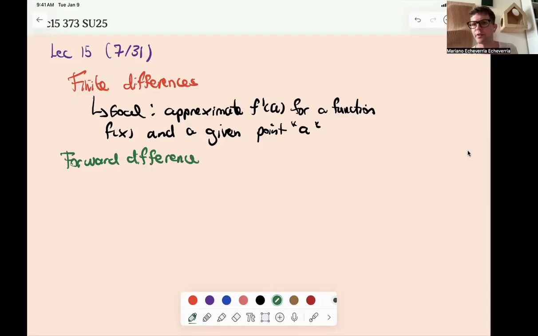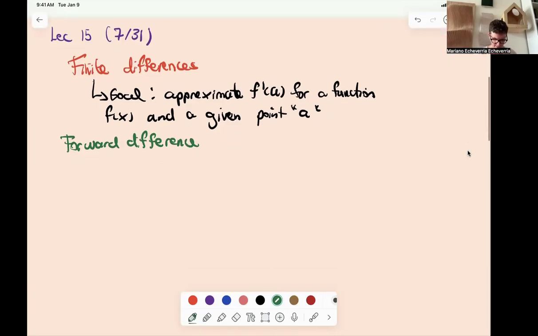I'll try to draw it in a picture so that you see how it looks. In forward differences, you have the point a on the number line. Then you imagine you move an amount h, so you are at the point a plus h. Usually when you think of h, you think of it as a positive number, so that's why I'm drawing a plus h to the right.